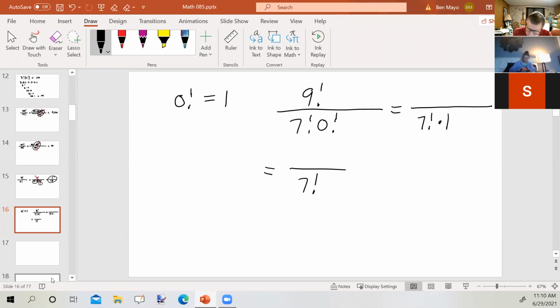The numerator, I could take 9 factorial and write it as 9 times 8 times 7 factorial. Why do that? Because now I can reduce out the 7 factorial over 7 factorial. 9 times 8 is 72. Any questions there?